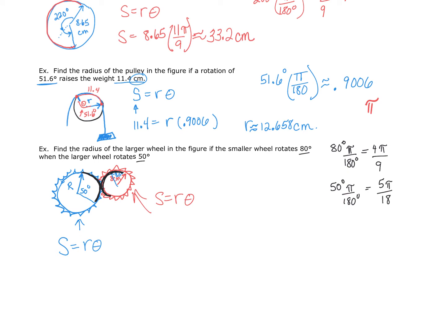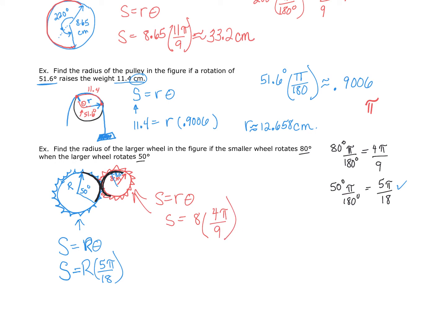So for our large arc, S is capital R, and then our theta is the 50 degrees, or 5 pi over 18. For our small gear, our radius is 8, and our theta is 4 pi over 9.